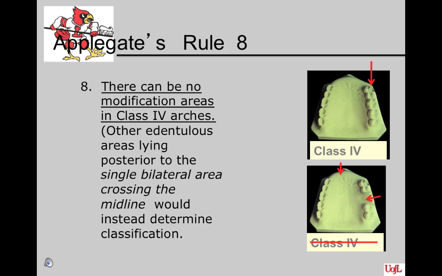This, by definition, is the Kennedy Class 3. We have one additional edentulous area, and that is referred to as a modification space. So we have on this lower arch a Kennedy Class 3 modification 1. Now you can kind of see the reason this rule exists.